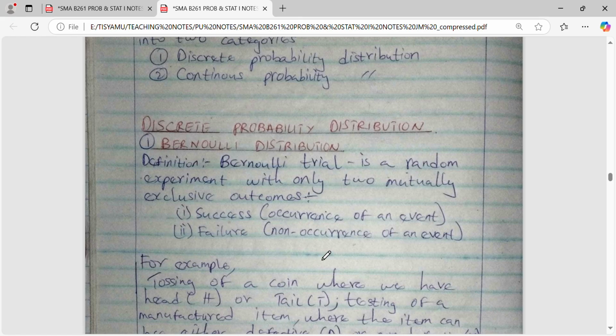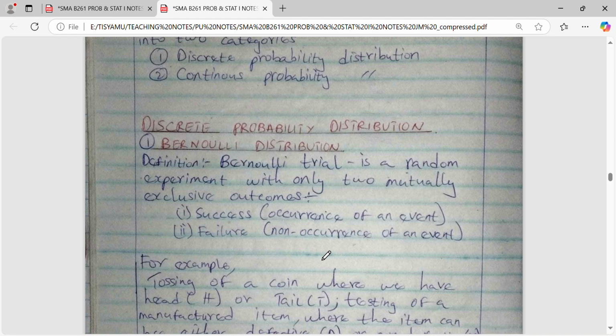For instance, if I am manufacturing bulbs, and I want to check whether the bulb which I've produced is either defective or non-defective, then that kind of trial or experiment will be Bernoulli, because the bulb will be either defective or non-defective.